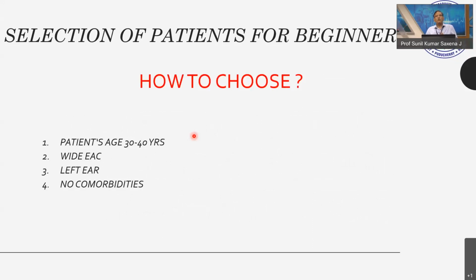Now, how to select patients for a beginner when you are starting? My feeling is that prior to starting endoscopic surgery, you have to do endoscopic examination, otoscopy with the help of the endoscope.